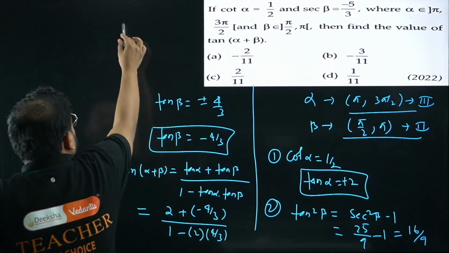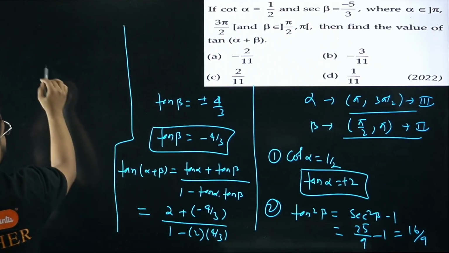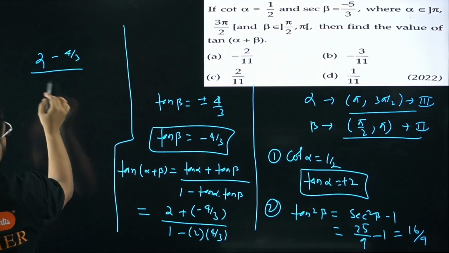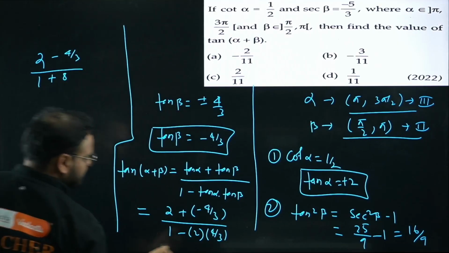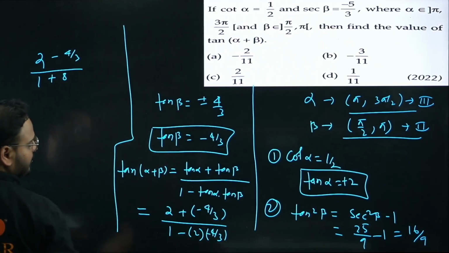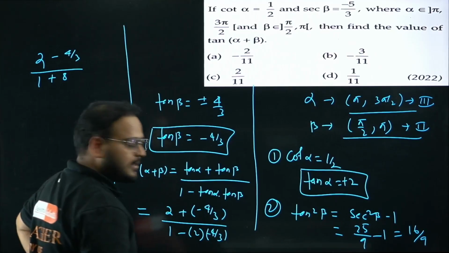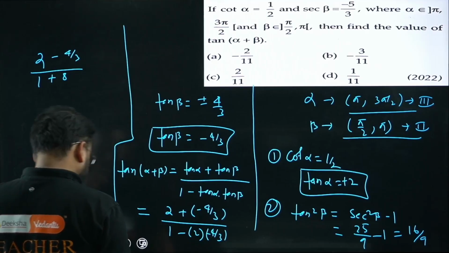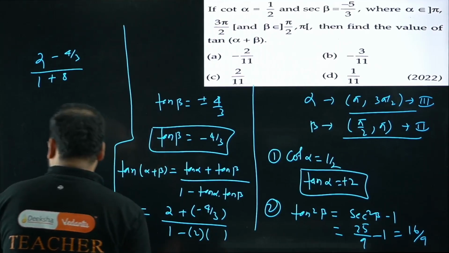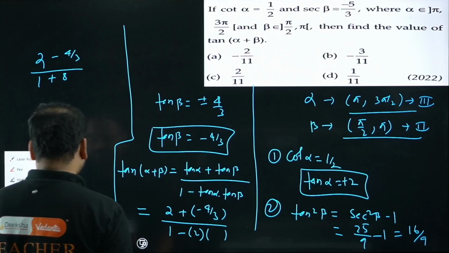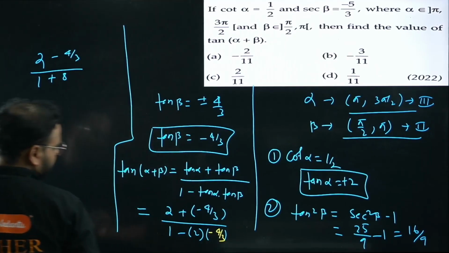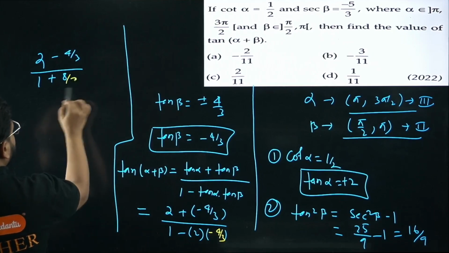I can simplify this. So I'll have 2 minus 4 by 3 upon 1 plus, I have a minus sign, I forgot to write. Minus sign is there, right? 1 minus 4 is there, minus sign. I hope this is visible to all of you. I'll write it again if not. This is negative, sir, negative 4 by 3, okay? This is negative 4 by 3, minus 4 by 3. So I get over here a plus 8 by 3.